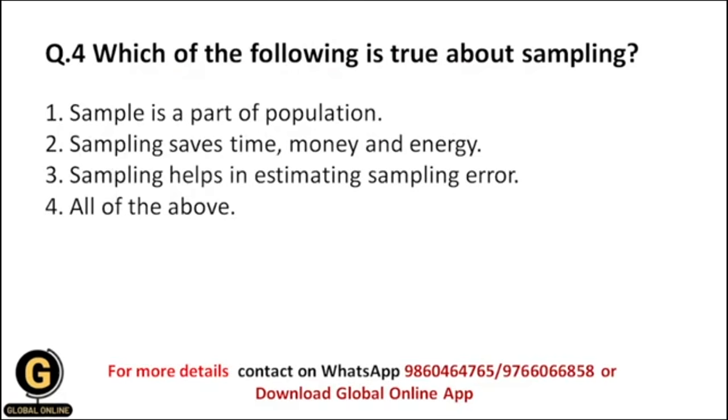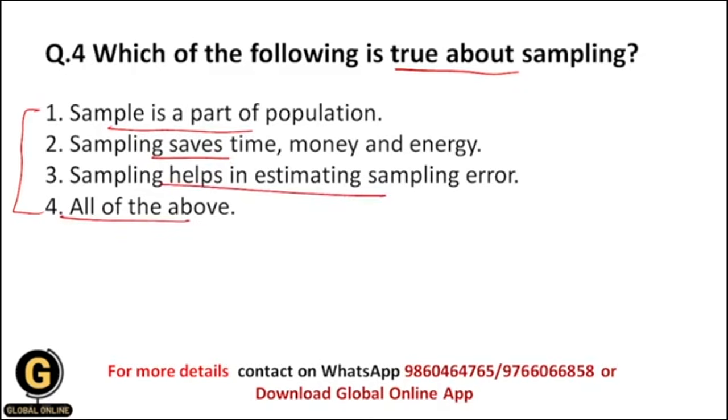Okay, which of the following is true about sampling? Now here they have given us some statements regarding sampling, and we need to identify the true statement. Whether sample is a part of population, sampling saves time, money and energy, sampling helps in estimating sampling error, or all of the above.